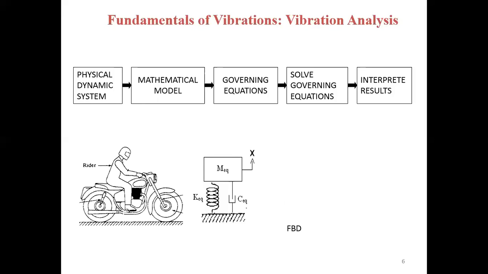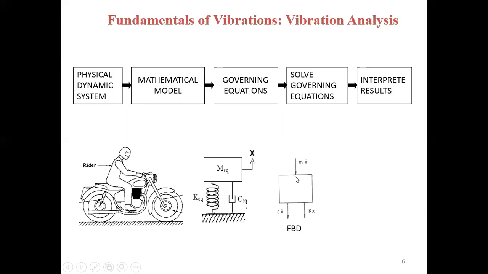Then two energies are stored during the external force produced on the mass. First is the elastic energy stored by the spring and second is the damping energy stored by the damper. Right. This is the vibratory system, and this is the free body diagram of the vibratory system, right?